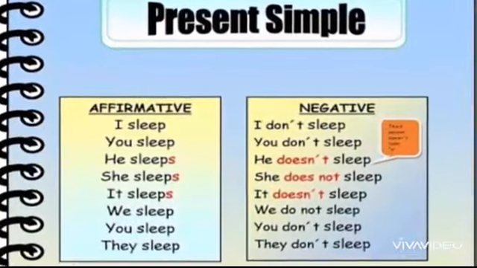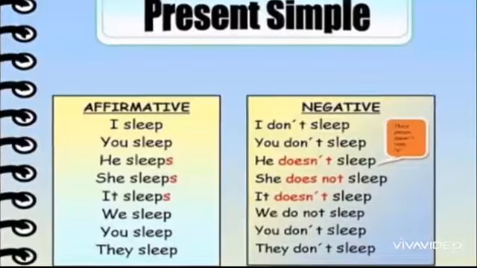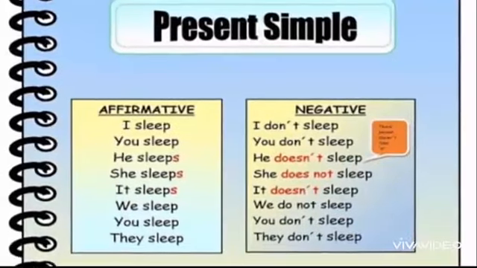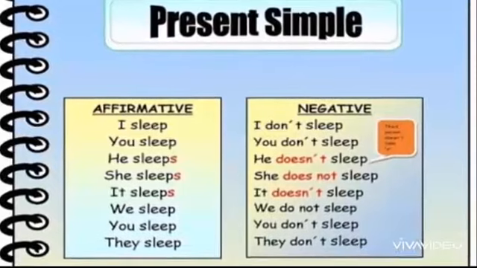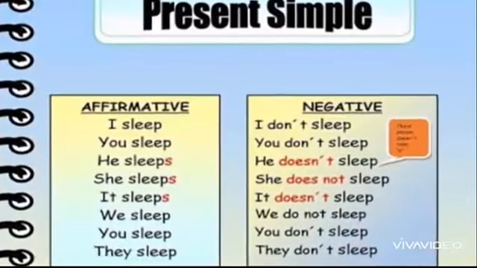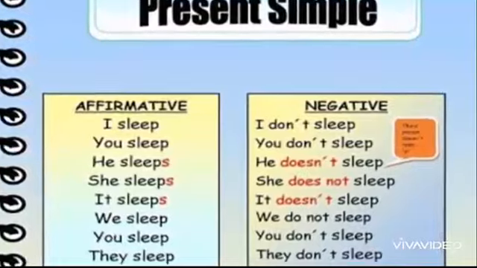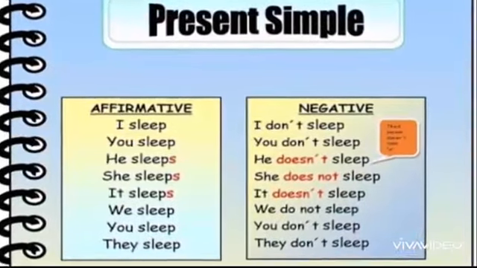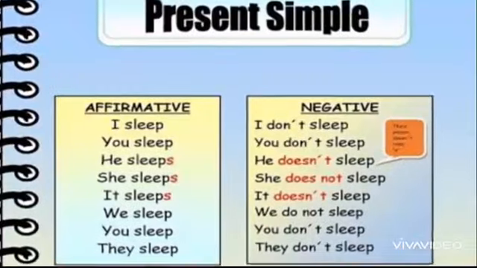Examples: she sleeps at 10 p.m. every day. In the negative form, she doesn't sleep at 10 p.m. every day. Another example: I sleep early every day. I don't sleep late every day.